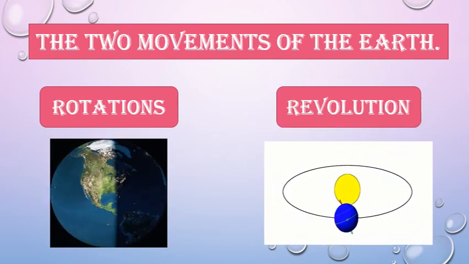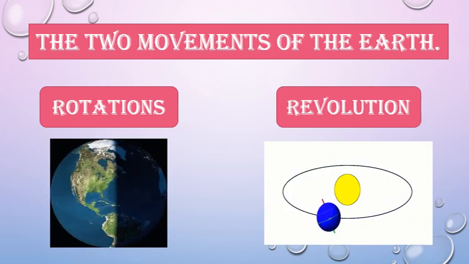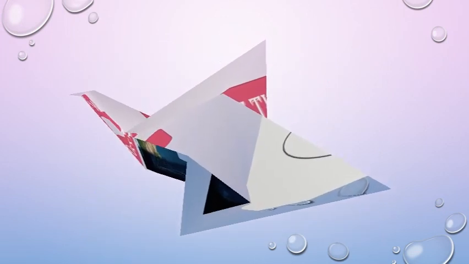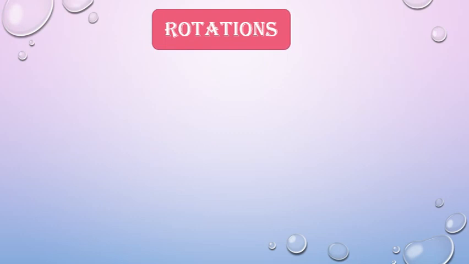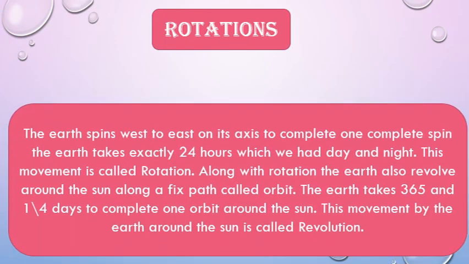In the previous class, we read about rotation. Let us recall what we read. Rotation. The Earth spins west to east on its axis. To complete one spin, the Earth takes exactly 24 hours, which gives us day and night.